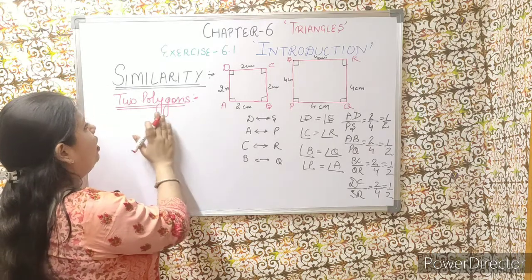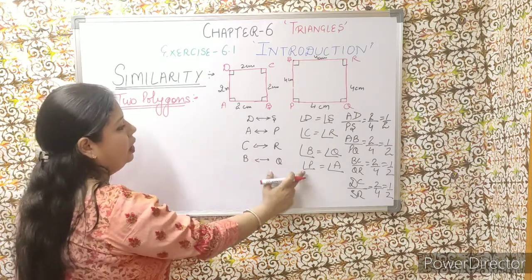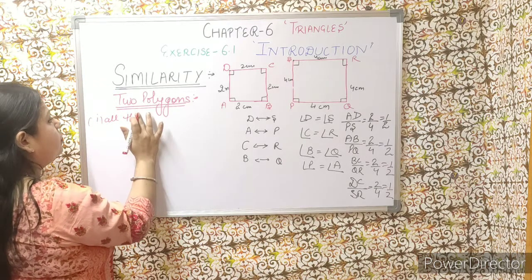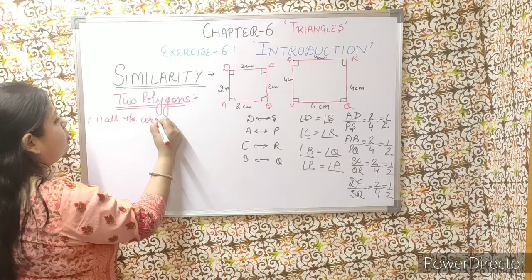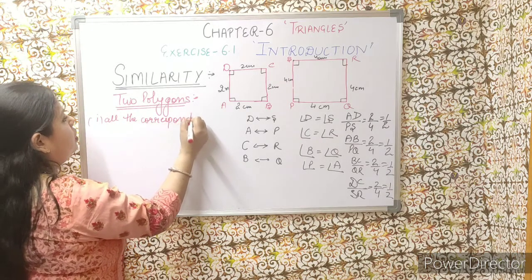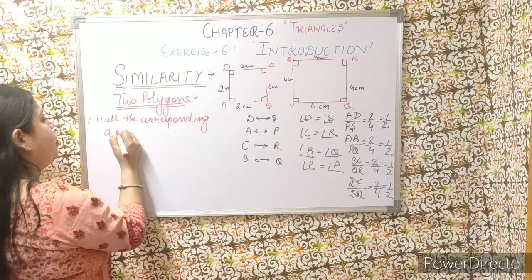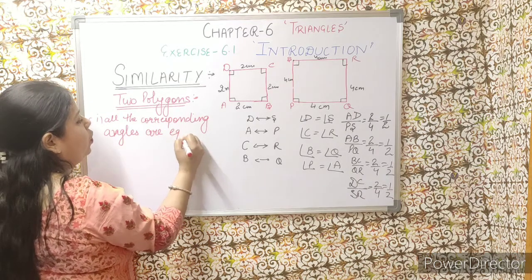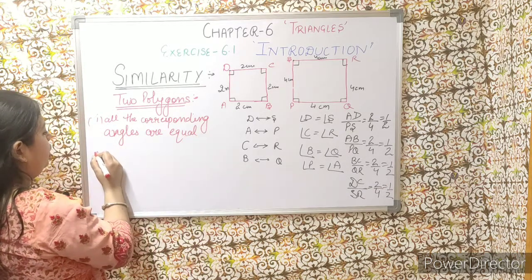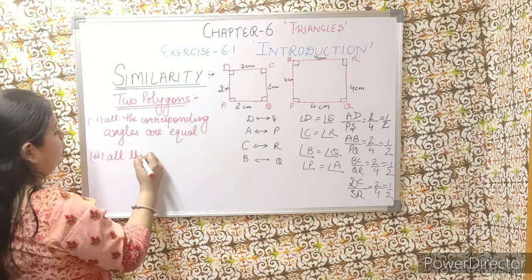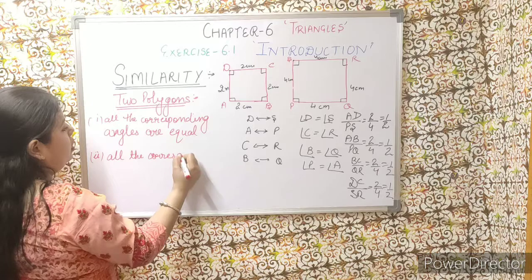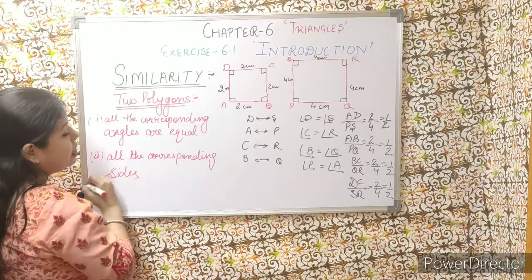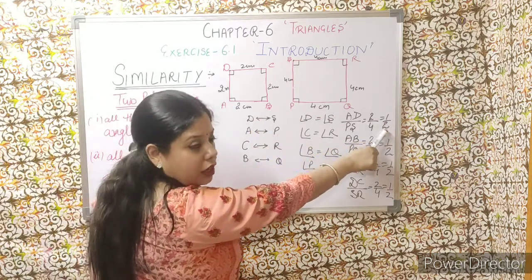So what we derive here is that for two polygons to be similar, first, all the corresponding angles are equal, and secondly, all the corresponding sides are in equal ratio.